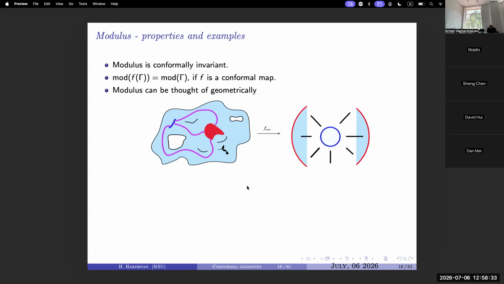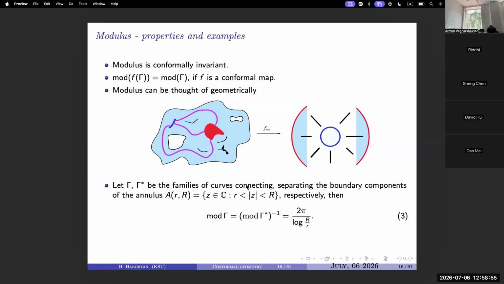It turns out there is a conformal map with the following property. It takes the blue to some sort of a circle and the red to another circle, and all the other boundary components become straight lines. Radial, in fact.